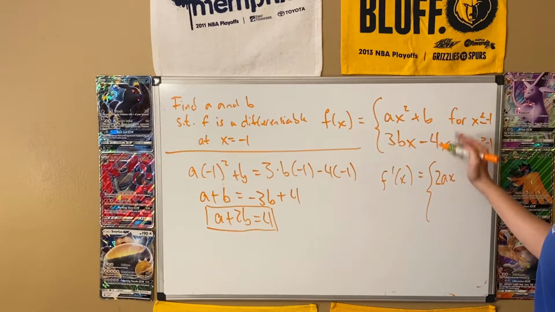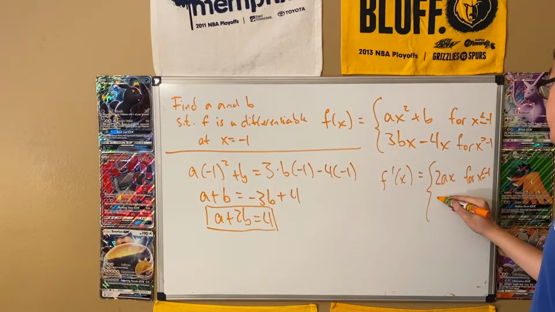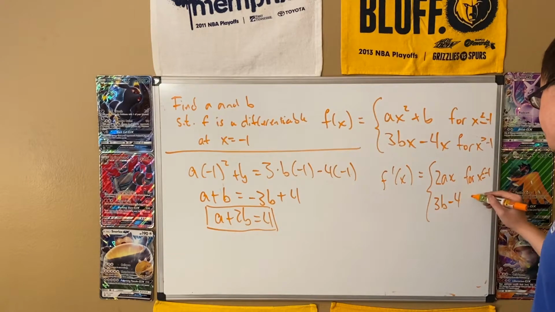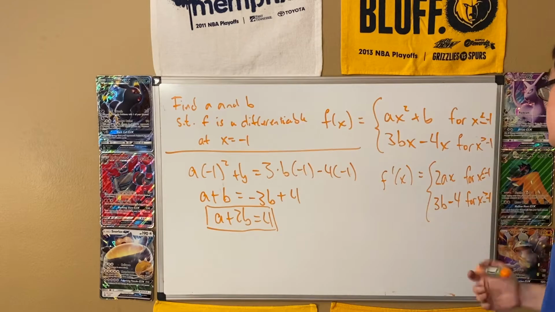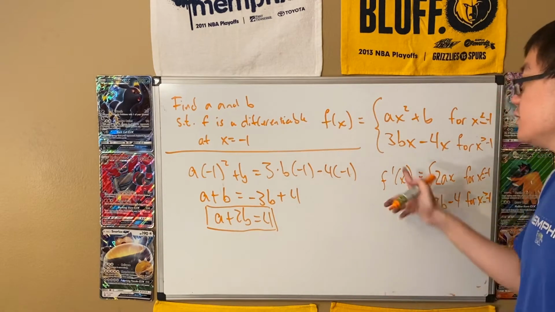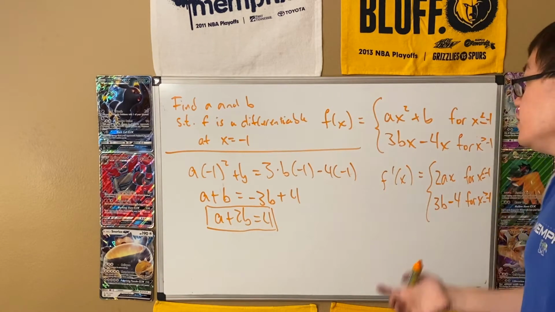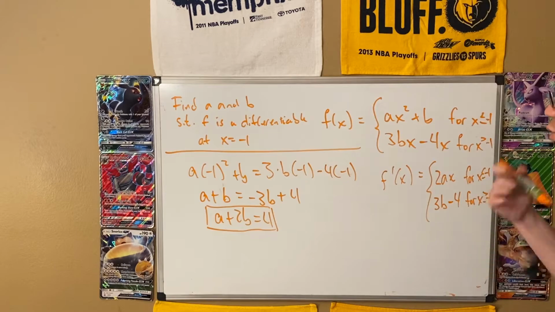So this is actually the derivative of the top piece. And the derivative of the bottom piece is going to be 3b minus 4. Because the derivative of 5x is 5, the derivative of 3bx is just 3b, and the derivative of minus 4x isn't that bad, it's just minus 4. So then you do the same thing.